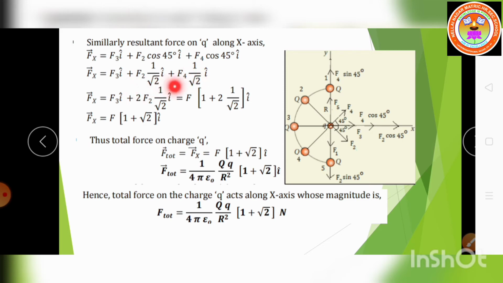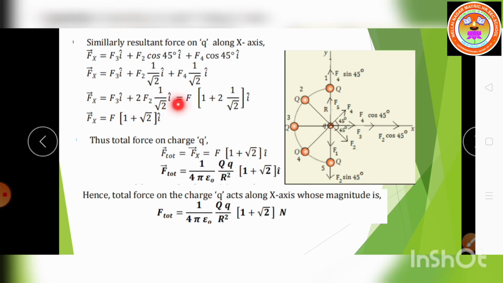F2 and F4 are equal. So, listen, this term and this term are what? Equal. So, equal terms 1 plus 1, how to write? 2 into that term. So, here, F3 I cap as it is, and instead of these 2 terms, now it is resolved into 2F2 into 1 by root 2 into I cap. So, what is common in these two equations? F, because F3 and F2 are equal in value.